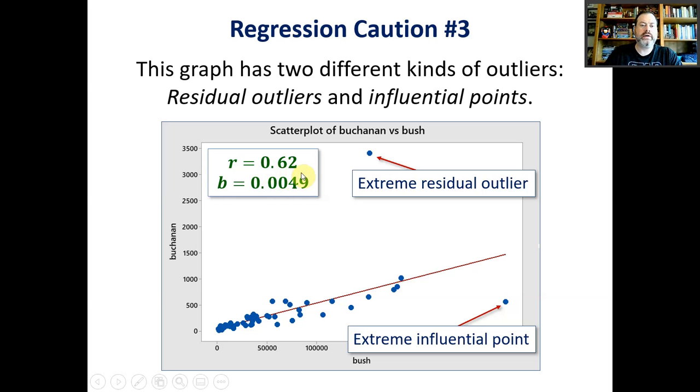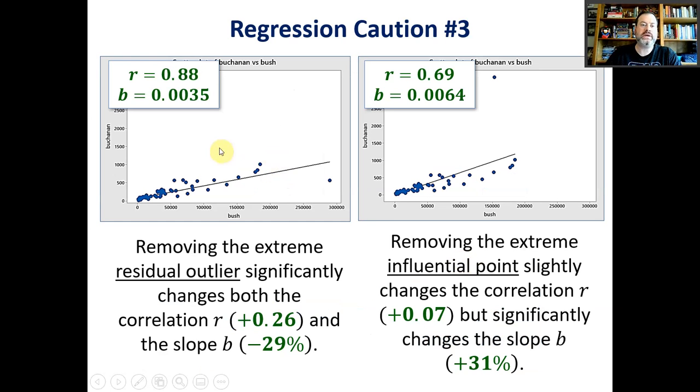So here's our R. R is a strong positive correlation. It's linear. And here's B, the slope: y equals a plus bx. This is the slope of our regression line. So what happens if we take out both of these separately?